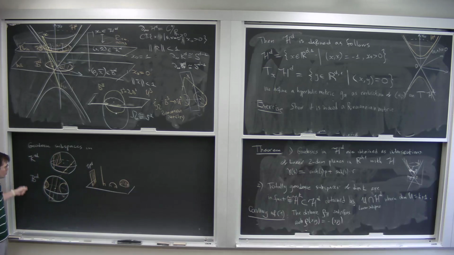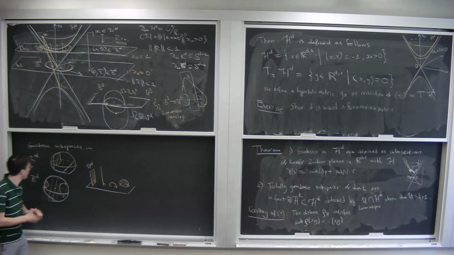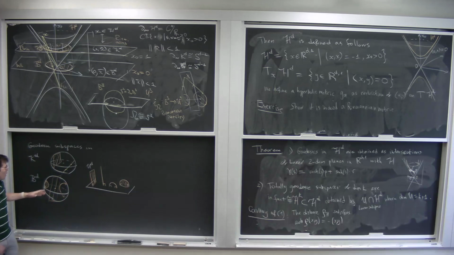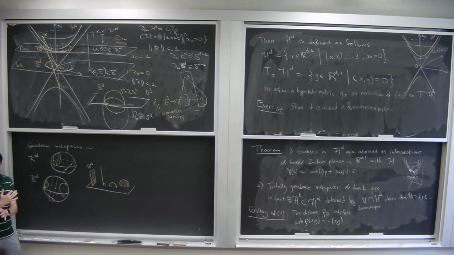Okay, so what is interesting about these two models? Again, the hyperbolic angles between subspaces and lines are the Euclidean angles between the associated sets in R^d.